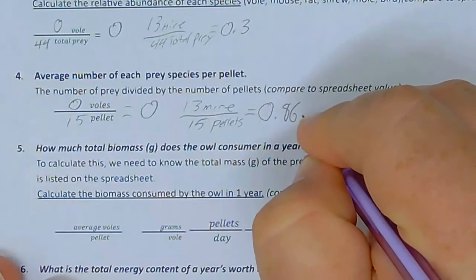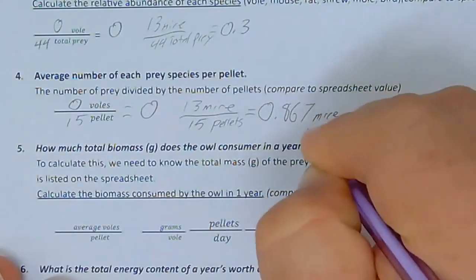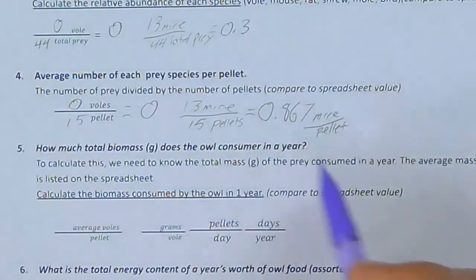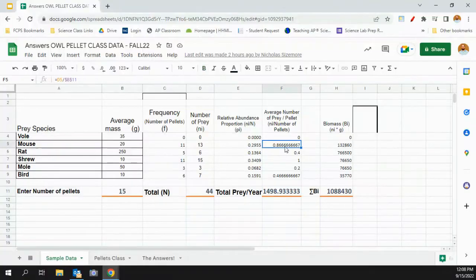And this is mice per pellet. So a little less than a mouse per pellet. And you should see that value is the same as this value here. This is not rounded like I wrote on the paper.